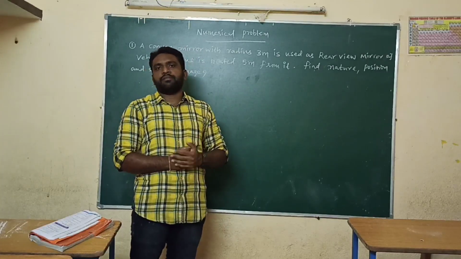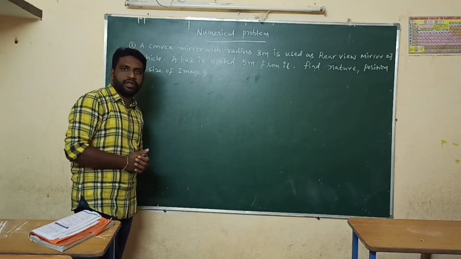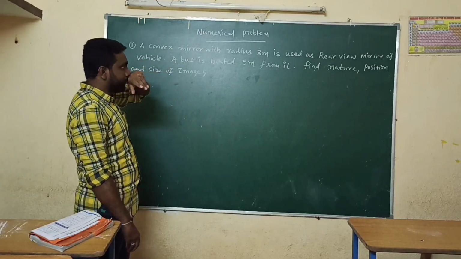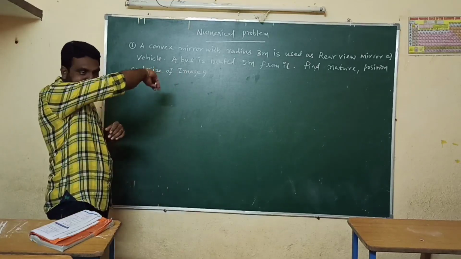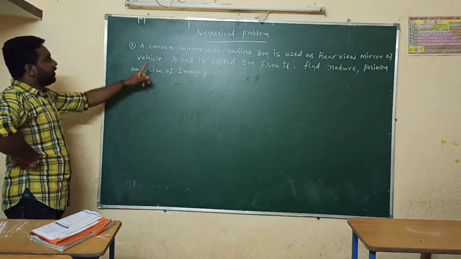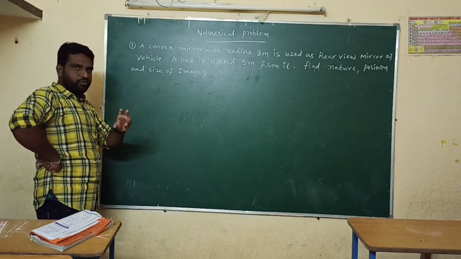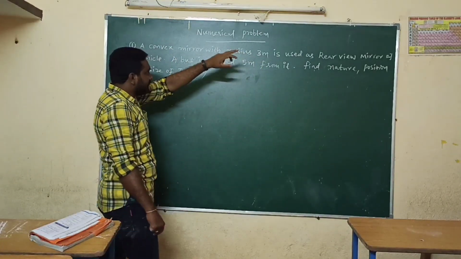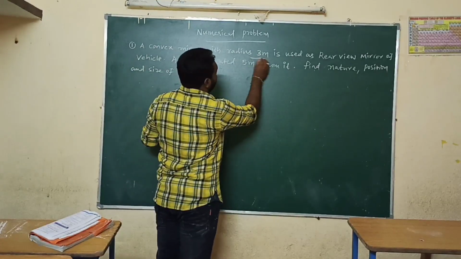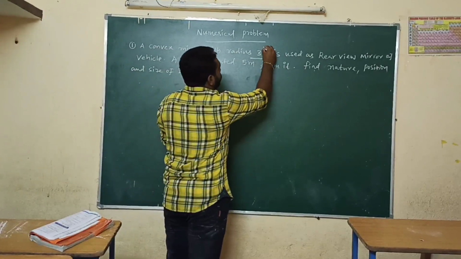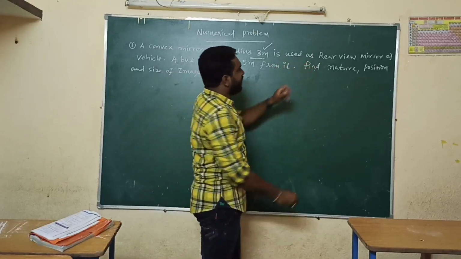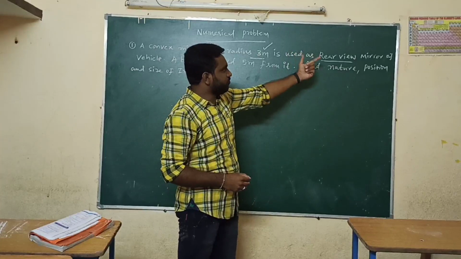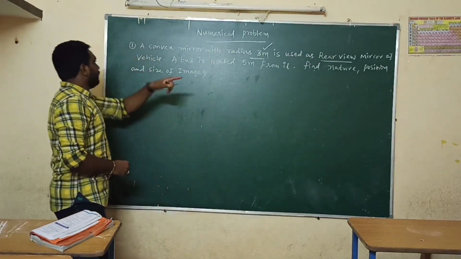Now after the applications of convex mirror, we are going to learn about a numerical problem. The most interesting and important numerical problem given in your textbook. First of all, let us read the question. A convex mirror with radius of curvature 3 meters is used as a rear view mirror of a vehicle.